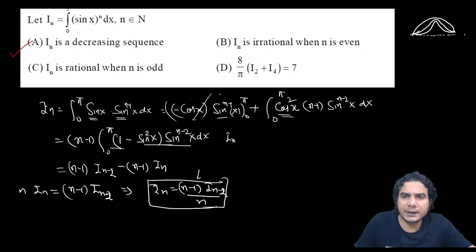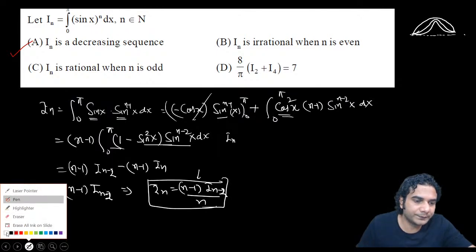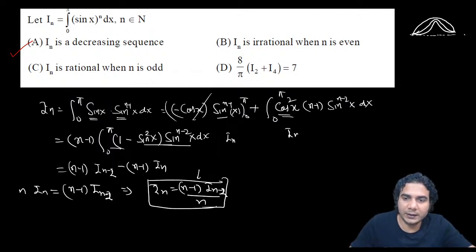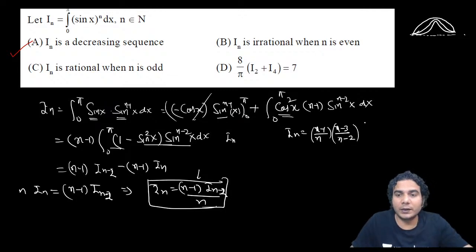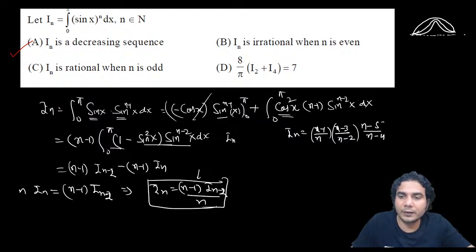And I_n is irrational when n is even. So for even n, what you can do is I_n you can write as n minus 1 by n, then n minus 3 upon n minus 2, then n minus 5 upon n minus 4, and keep reducing these numbers by 2.